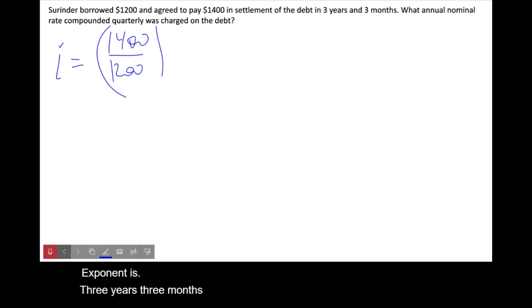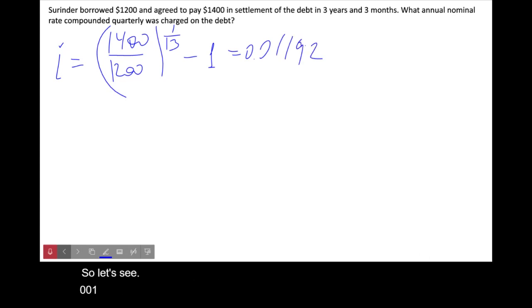So 3.25 times 4 is 13, minus 1. So let's see. 0.011928326.